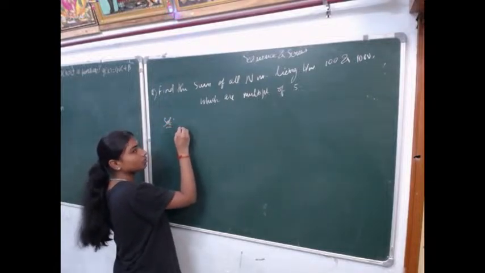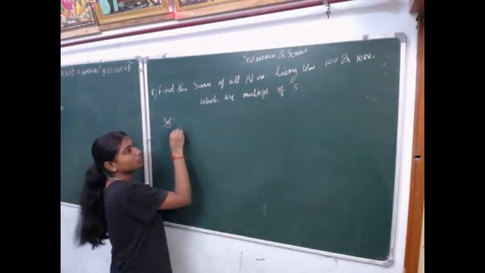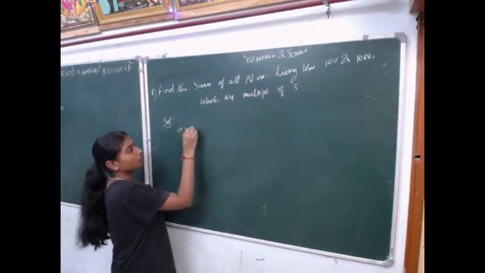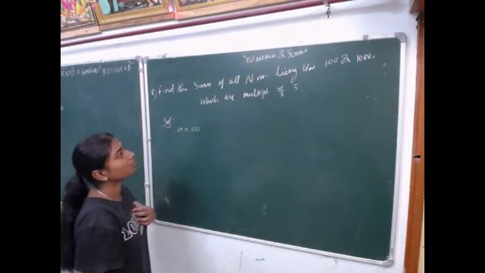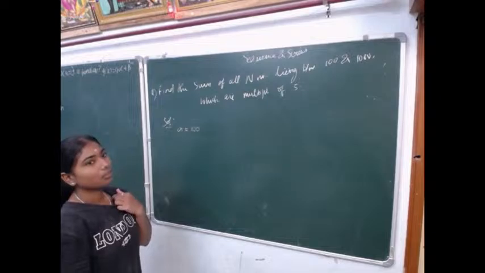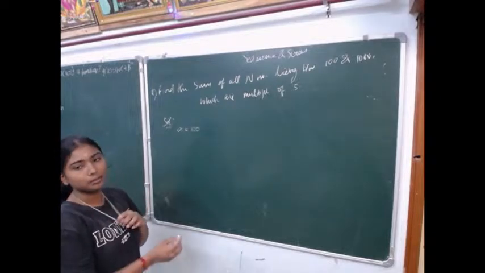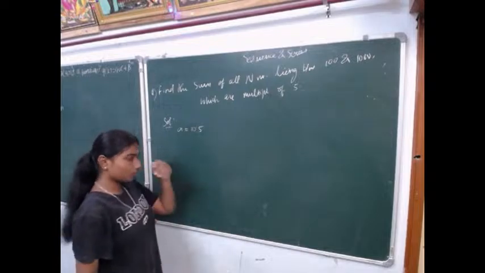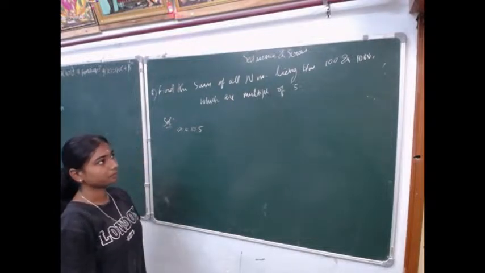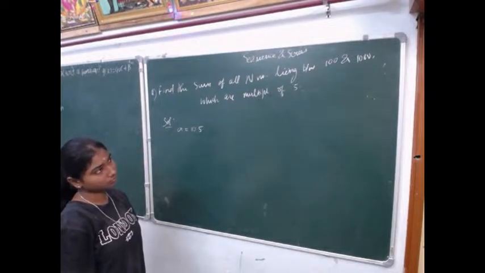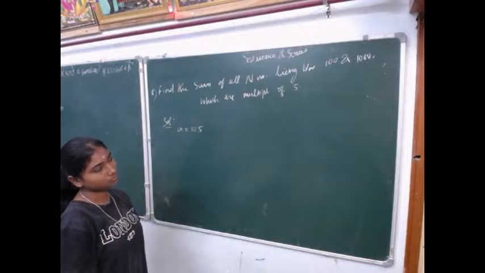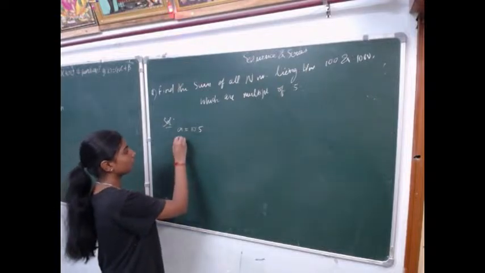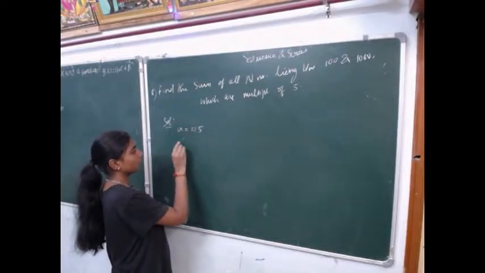Now, what is given here? What is a? 105. Why have I taken 105? Multiples of 5. Okay, so 105. And what about the last term? Last term Tn, or you can put l, that is equal to 995.